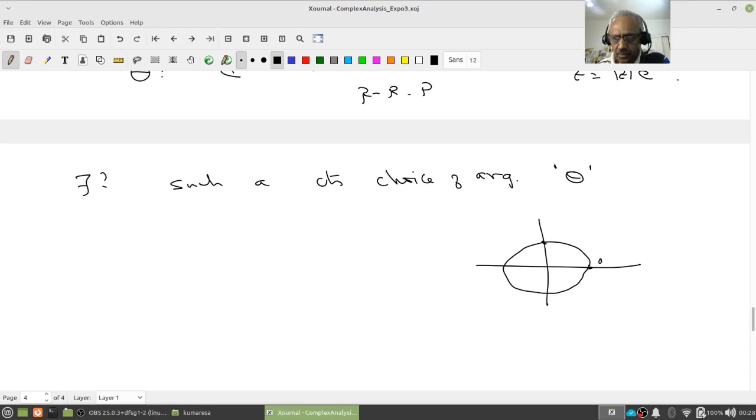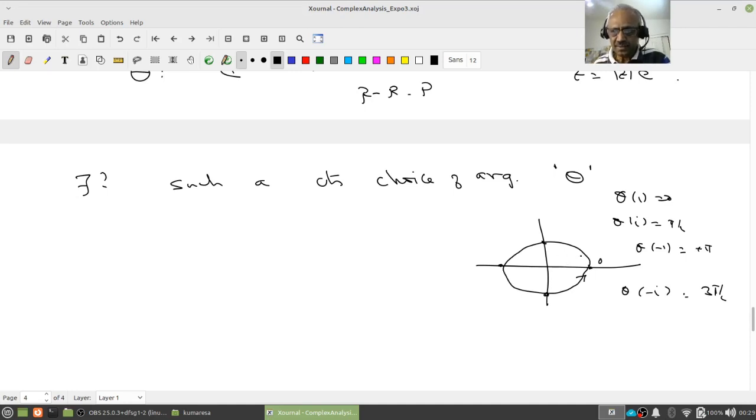Theta of 1 is 0, theta of i is pi by 2, theta of minus 1 will be plus pi, and theta of minus i will be 3 pi by 2. When I come here, it will be between 3 pi by 2 and 2 pi. Therefore when I come back to 1, intuitively in a continuous way, I assume theta of 1 will be 2 pi rather than 0.